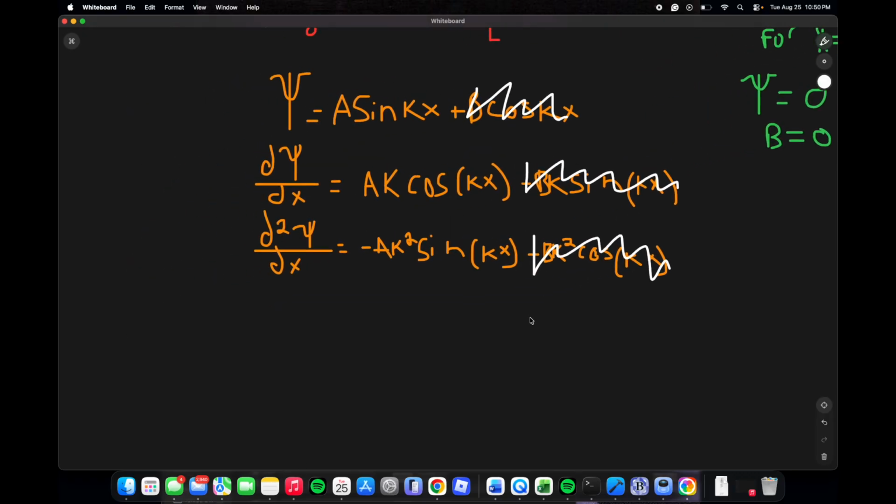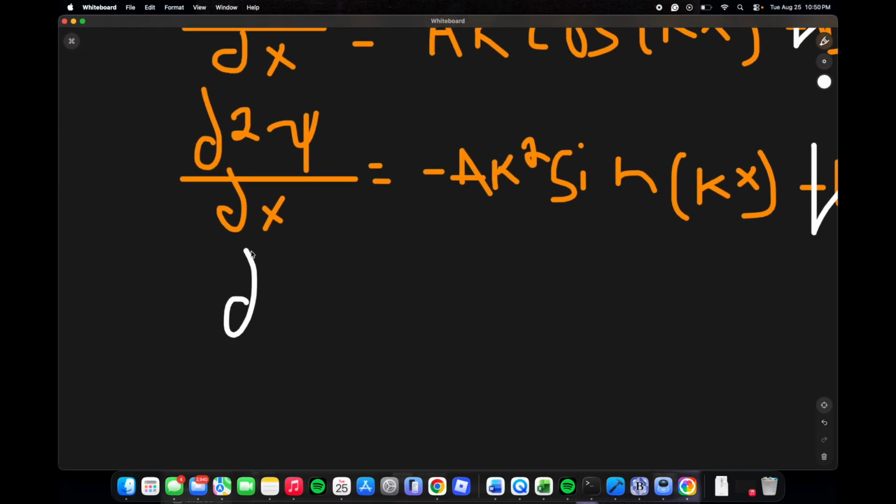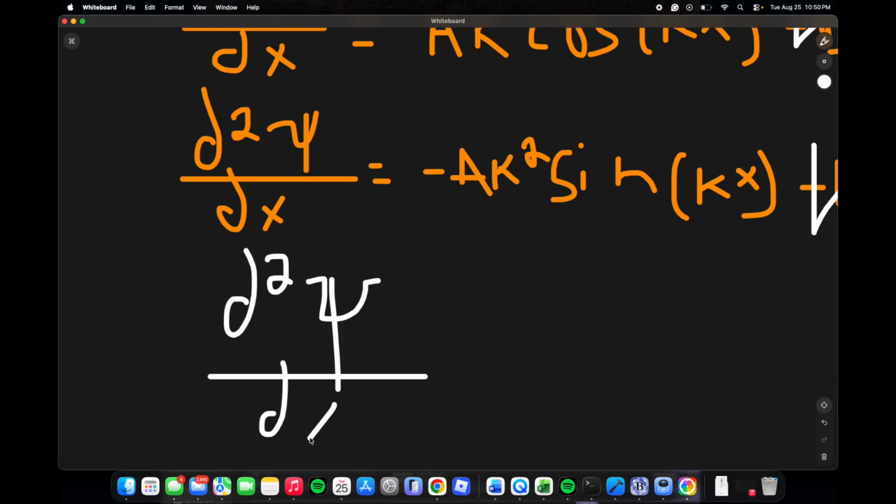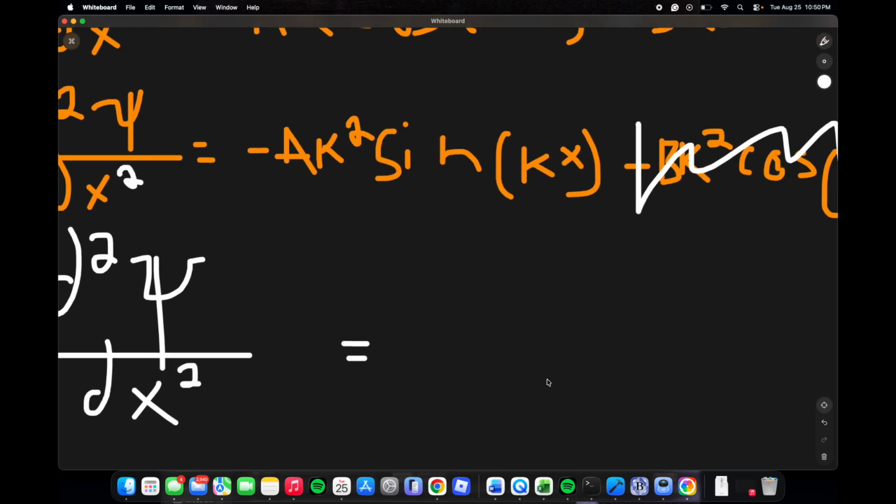Oh, before we do that, we need to define this. A simple observation and simplification we can make to the math here. This should be squared. It looks like this.